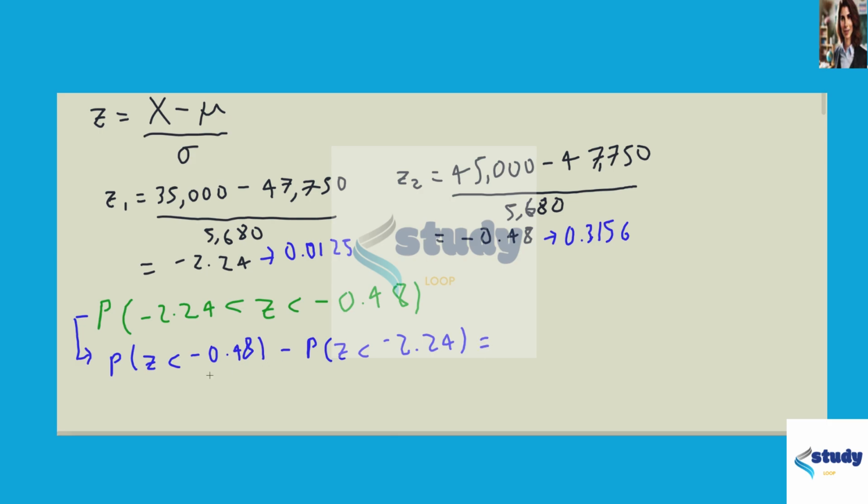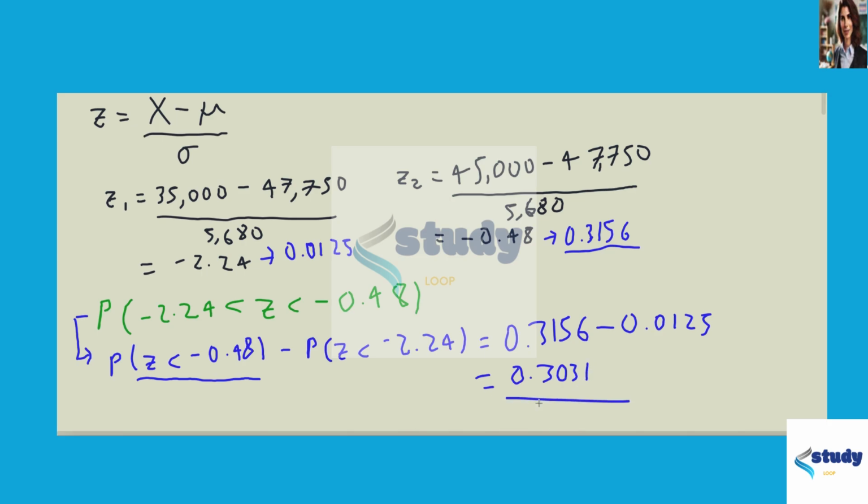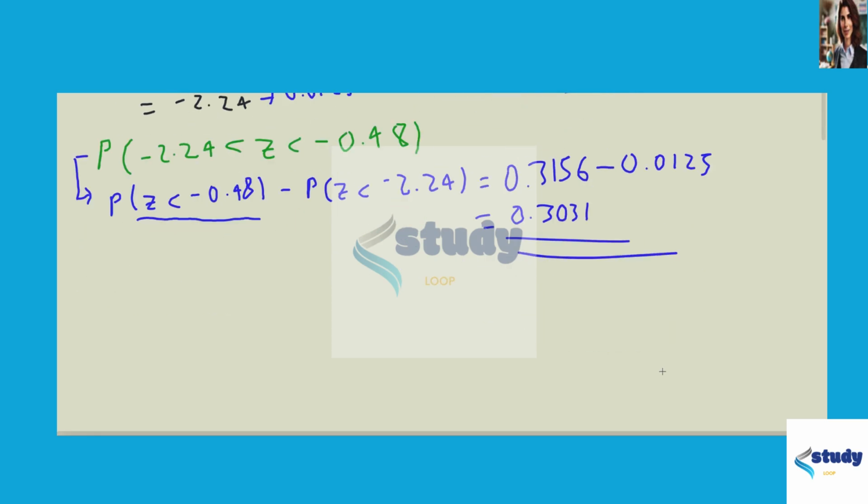And we know that these are the same as the table values, so we can substitute them in: 0.3156 minus 0.0125, which gives us 0.3031. And that's our final answer for part A.